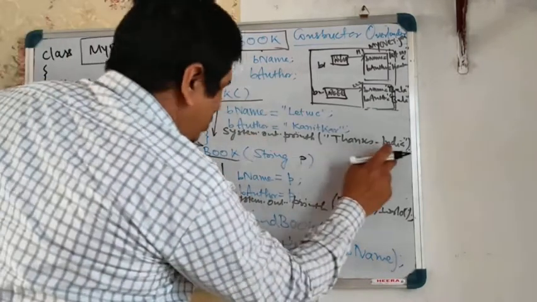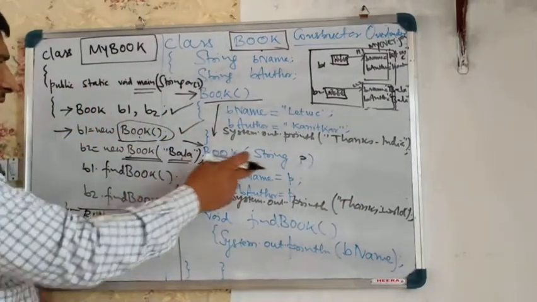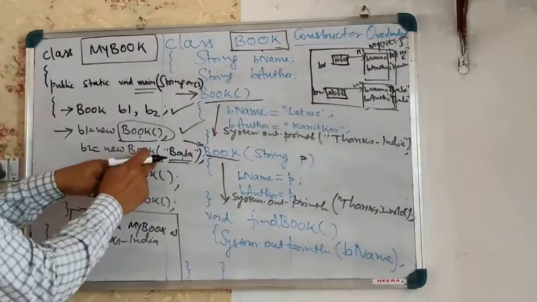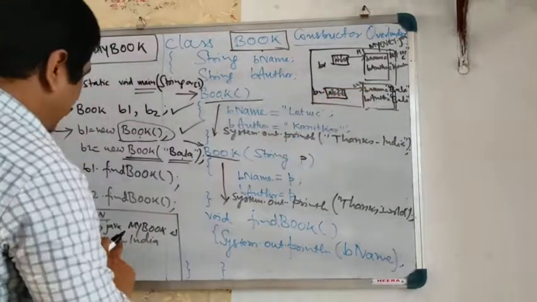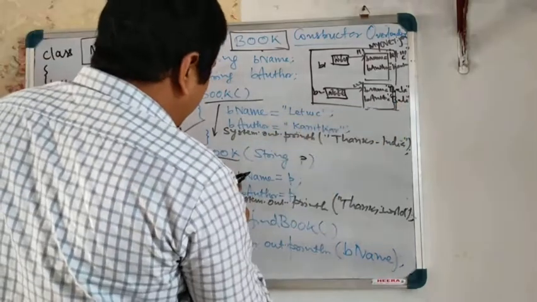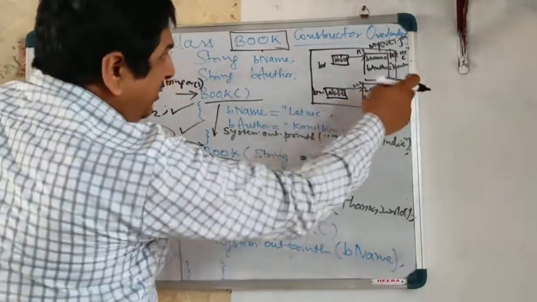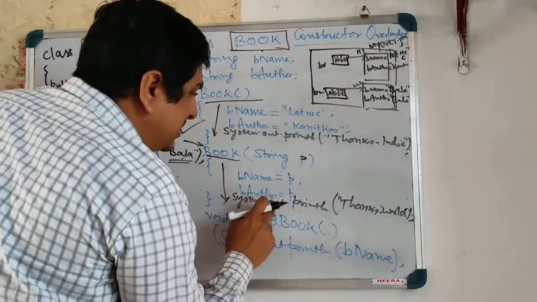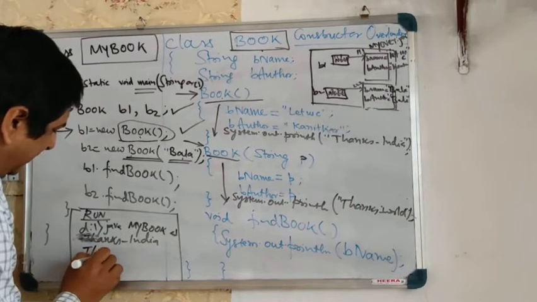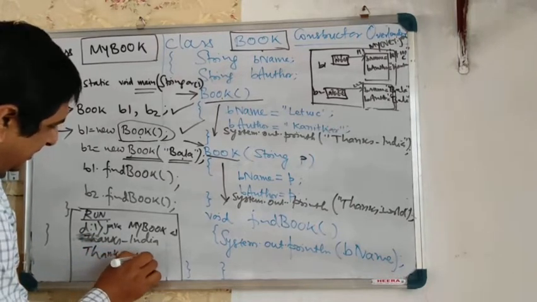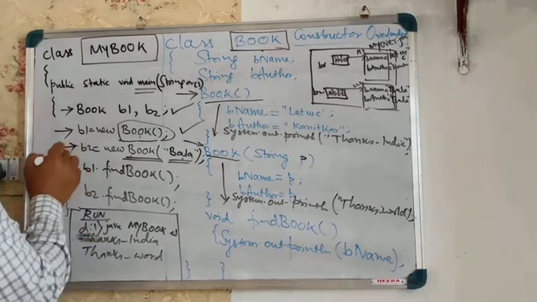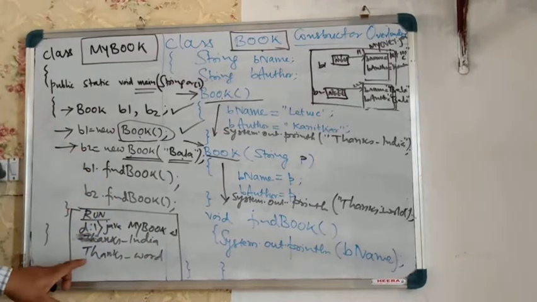This line also executed, and only then the B2 part will start. So B2 equals new Book Bala. It will come over here, first line executed, second line executed, all will contain Bala, and then System.out.println thanks world. So thanks world will be printed in the output after executing B2.